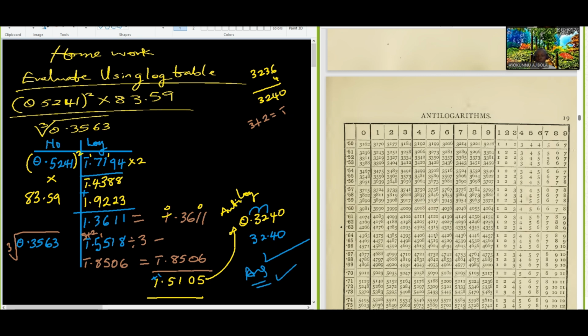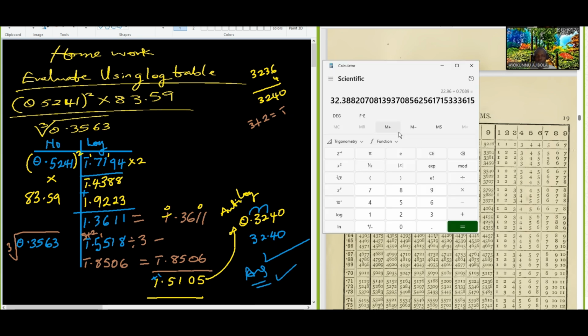Though we've tried before, this is what the calculator gave us, but let's just check for reference's sake. 0.5241 all squared gave us this, then times 83.59. So this gives 22.96.